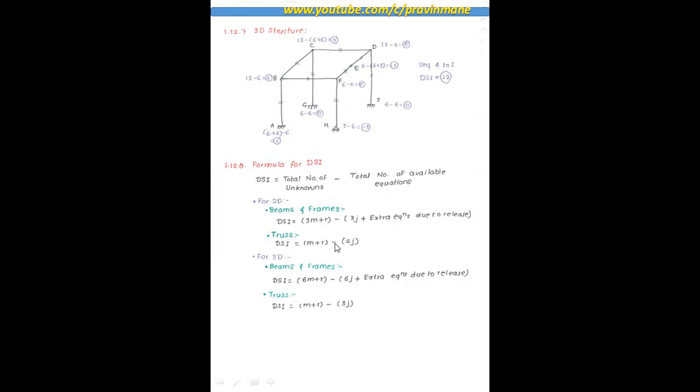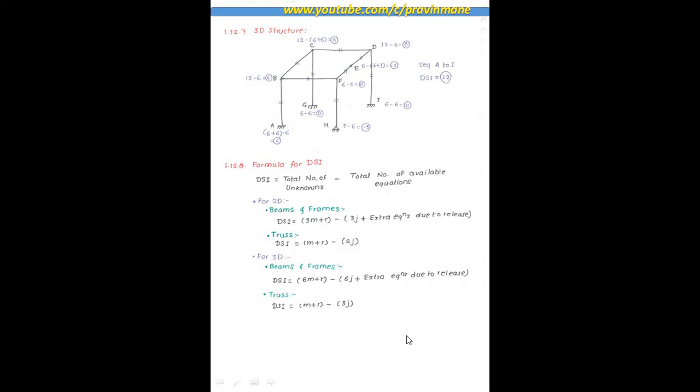Here m is the number of members, j is the joints, and r is the reactions. For 3D beams and frames, DSI is equal to 6m plus r minus (6j plus extra equations due to release). For a 3D truss, DSI is equal to m plus r minus 3j.